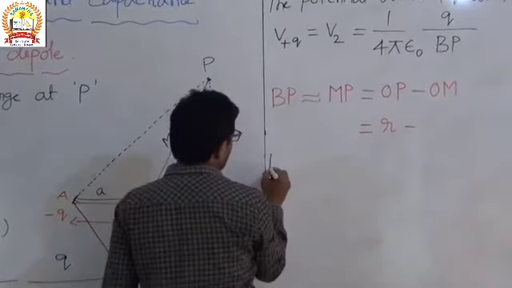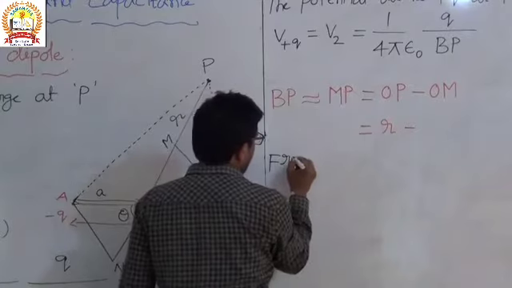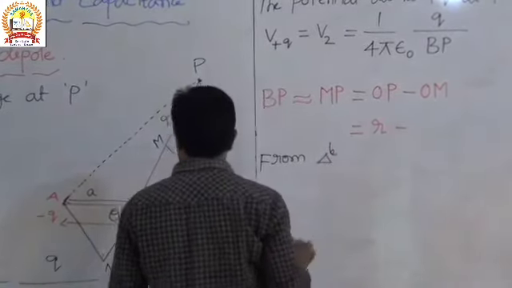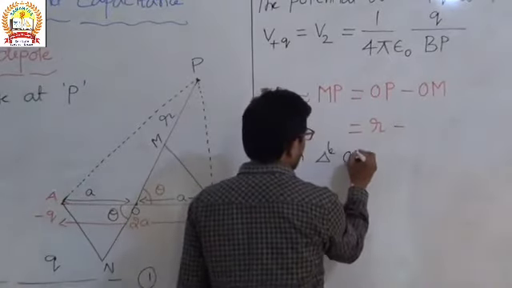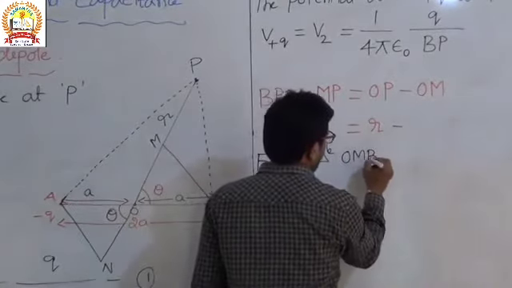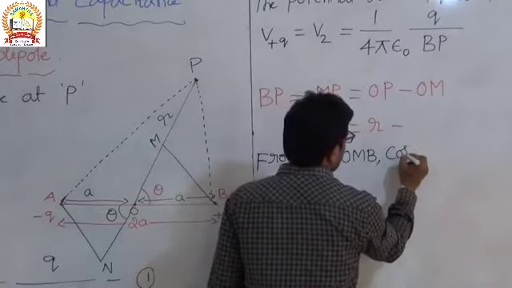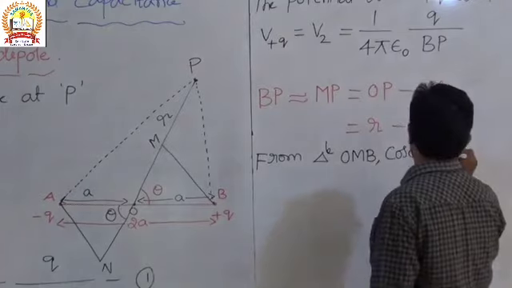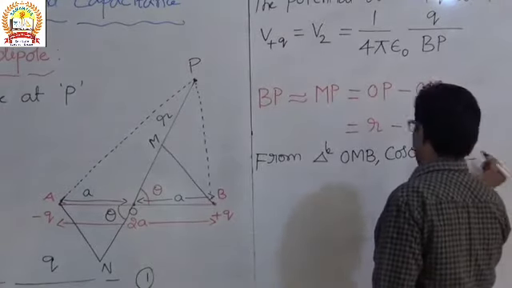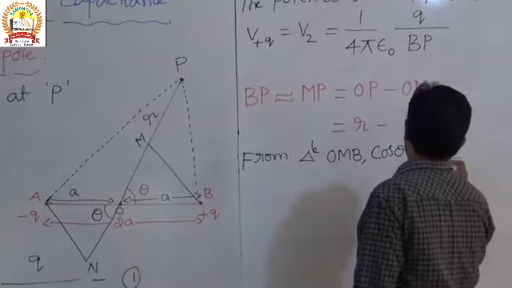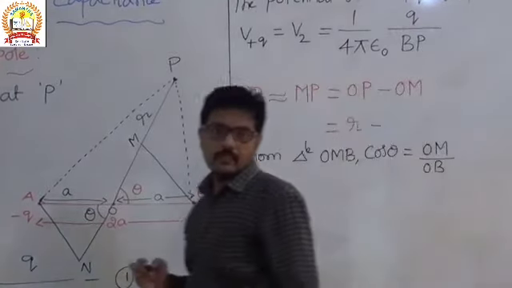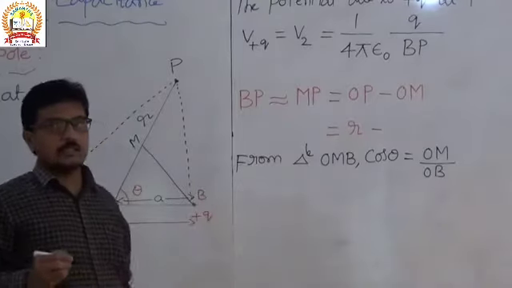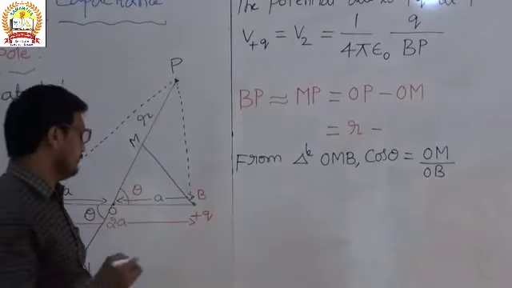From the triangle OMB, cos theta is equal to OM by OB.